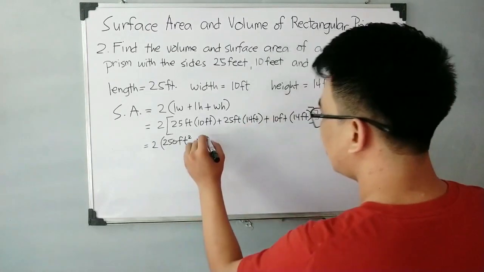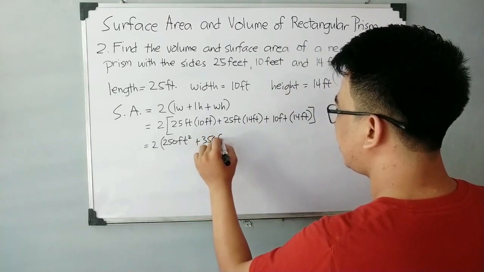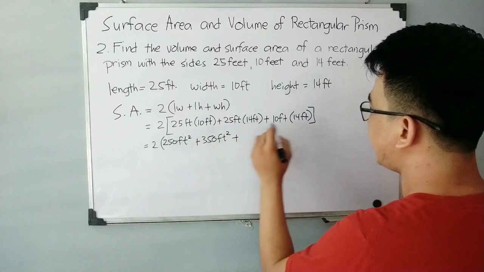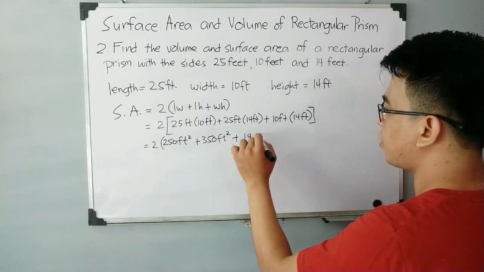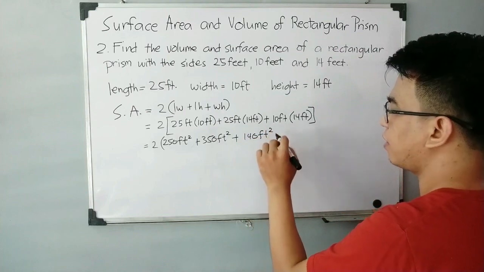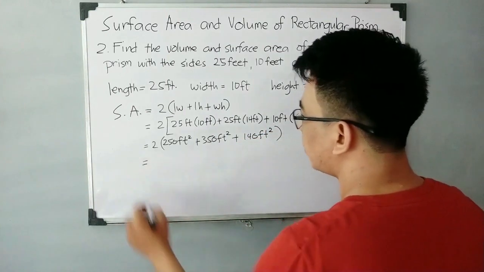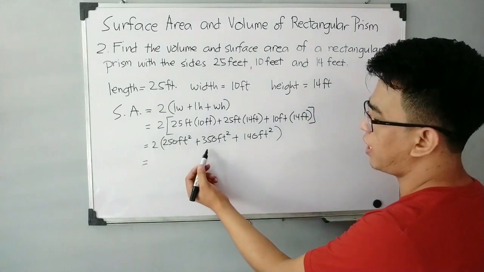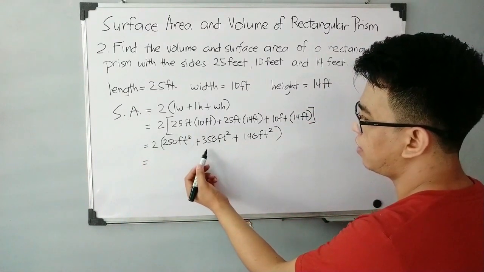Wala siya sa lista. 350 feet squared plus 10 times 14 feet, that is 140 feet squared, is equal to, ito add natin sila, 250 plus 350, that is 600. Sure.